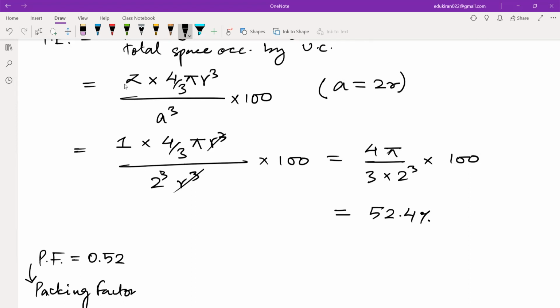And the void percentage will be how much? What will be the void percentage, guys? What is 7.6? Just write this down. Let me know if you're done.